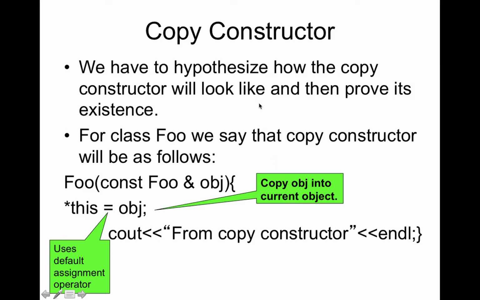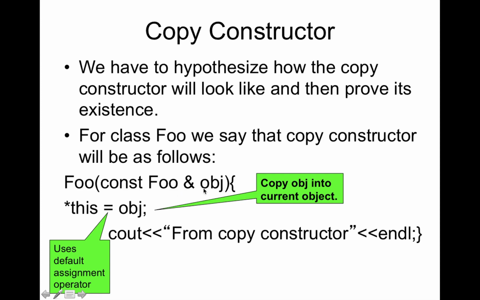We'll hypothesize how the copy constructor will look and prove its existence, and I've done that in another video. In class 4, we say that the copy constructor will be as follows. Since it's a constructor, it is going to have the same name as the class, and it is going to take an argument of Foo type.